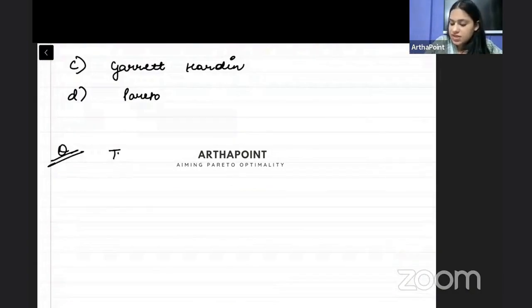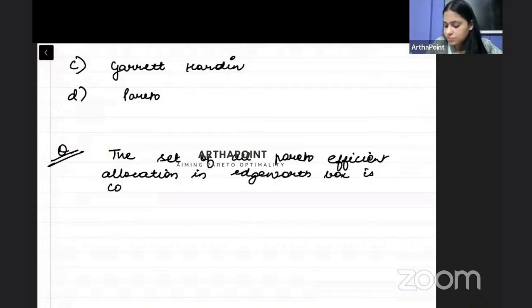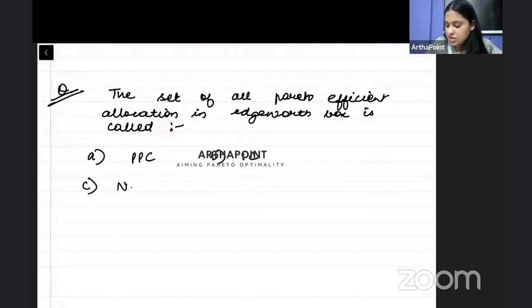So the set of all Pareto efficient allocations in Edgeworth box is called option number A, PPC, B, IC, C, Nash equilibrium, D, contract curve.